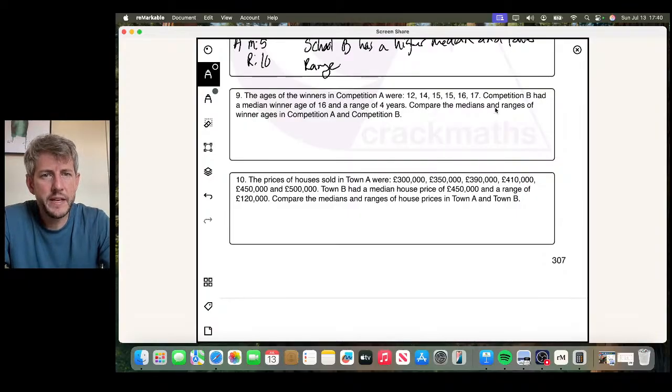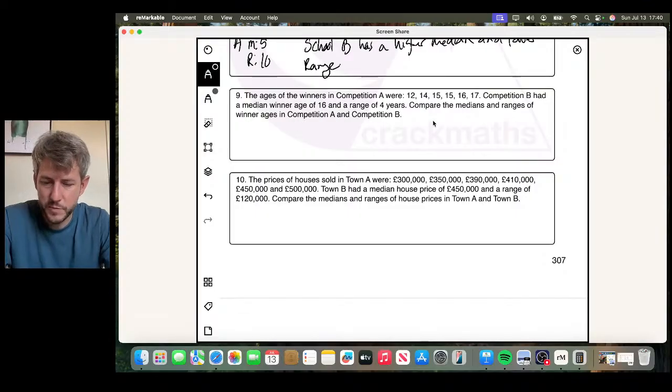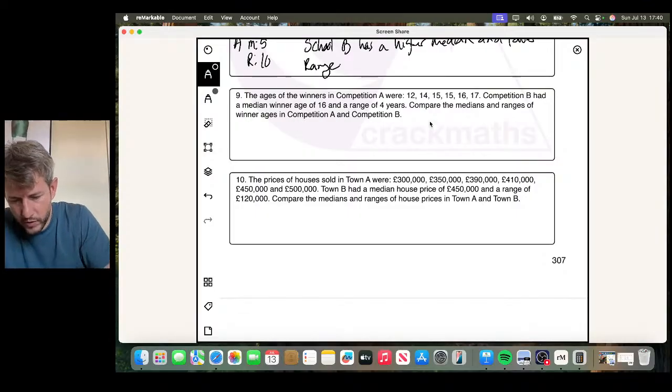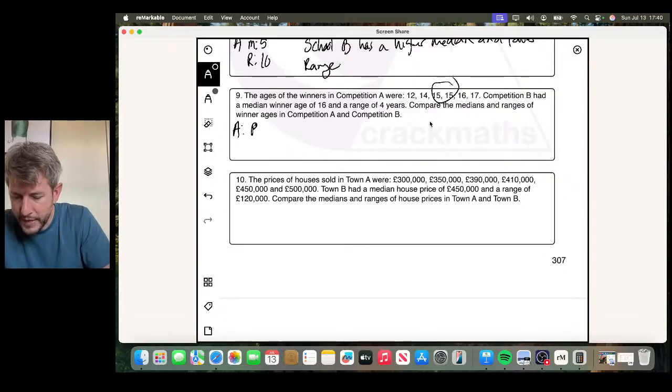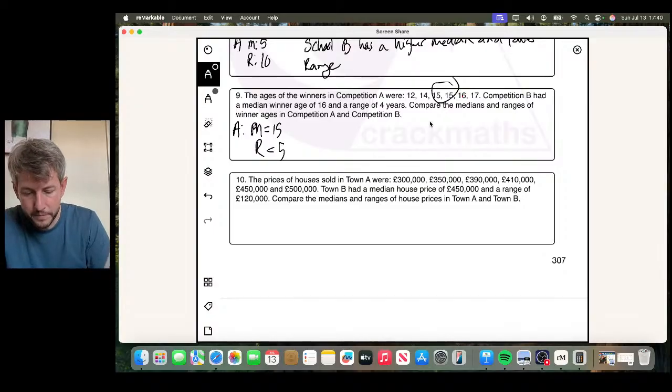Compare the medians and ranges of winner ages in competition A and competition B. So we've got A here, 1, 2, 3, 4, 5, 6. 2 in the middle, they're already in order. A's median equals 15. And their range goes from 17 to 12, so that's 5. So again, B has a higher median and a lower range.